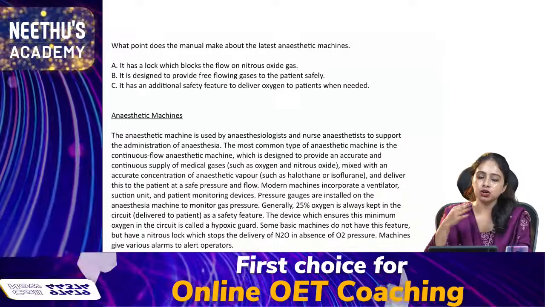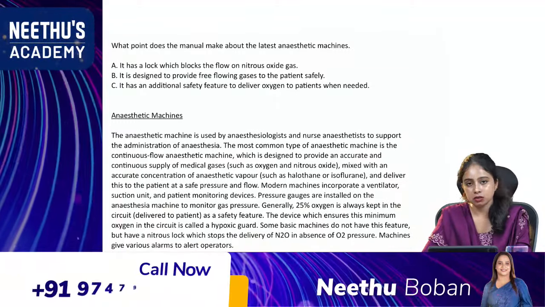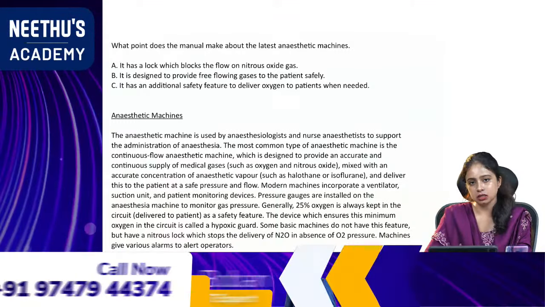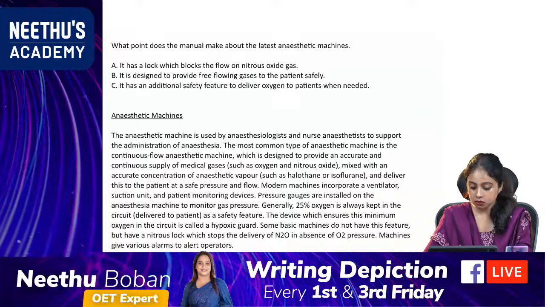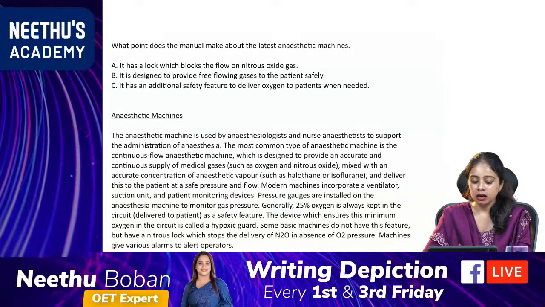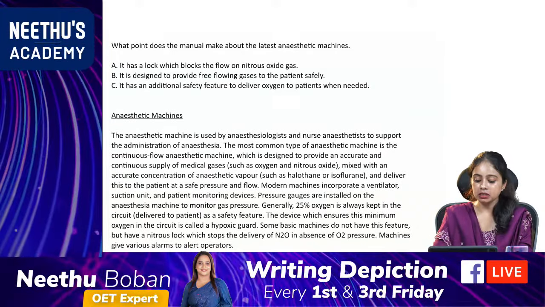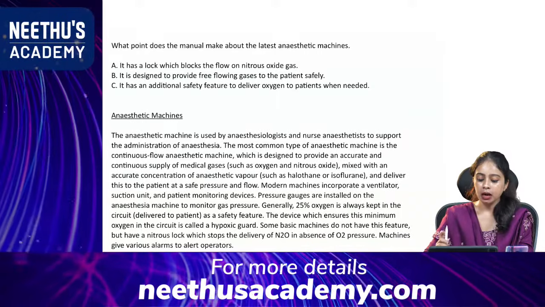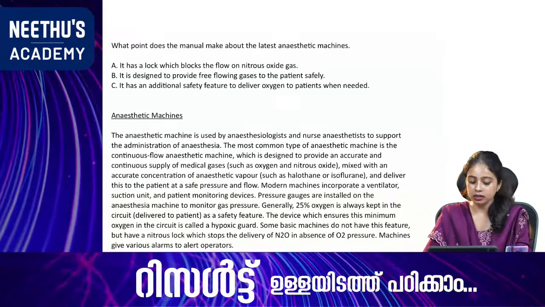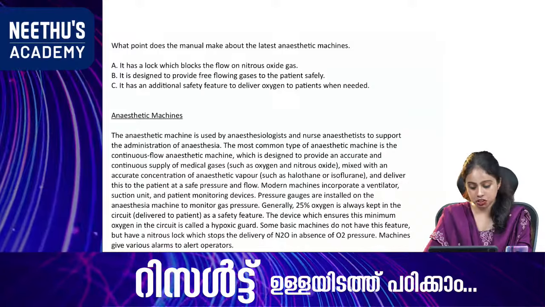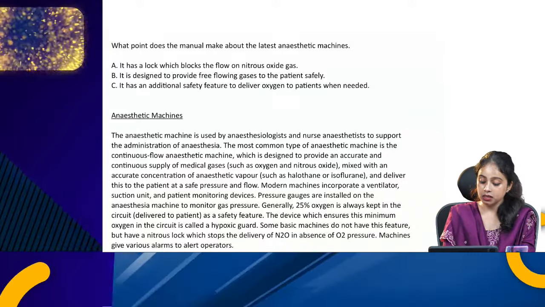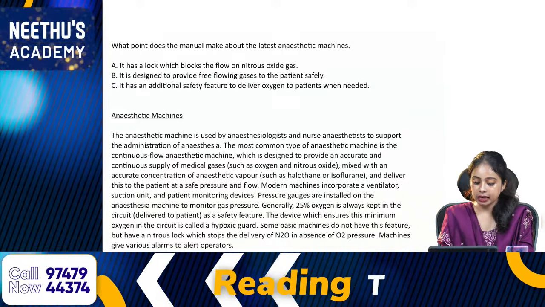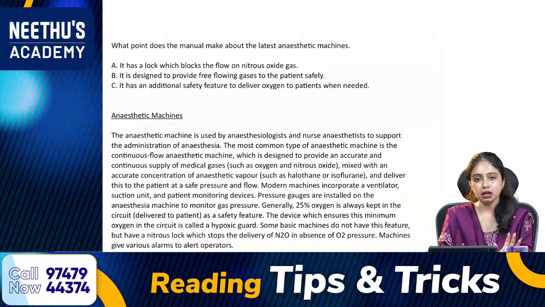So you can strike off those lines, there is no connection with the latest anesthetic machines. So the answer is: modern machines incorporate a ventilator, suction unit and patient monitoring devices. Pressure gauges are installed on the anesthesia machine to monitor gas pressure. Generally 25% oxygen is always kept in the circuit as a safety feature.